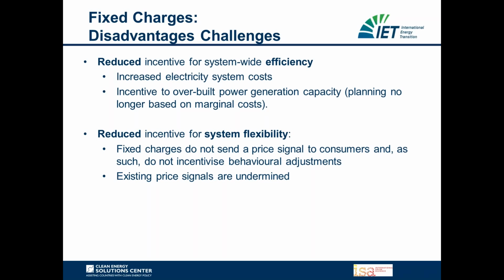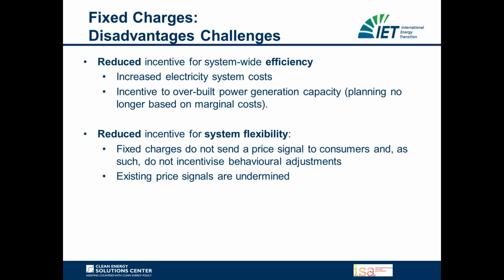And in some cases, they even lead to overbuilding the power system or the grid infrastructure, because there's no more financial incentive for the utility to take a cautious approach, because you can just refinance the fixed cost that you're generating with higher fixed charges.